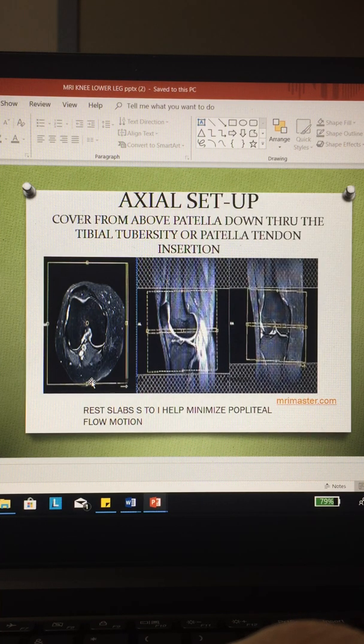Because in real life, everybody's knee sizes are different. So don't memorize, oh, it should always be a 200 by 200. Because the next person, you might have to use a 270 by 270 because the knee's that big, okay? So try not to memorize field of view as much as try to think about, I just need to cover my anatomy. I need my field of view to cover the entire knee in this axial plane.